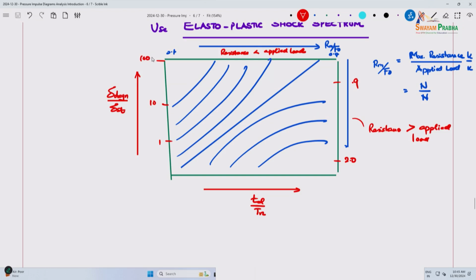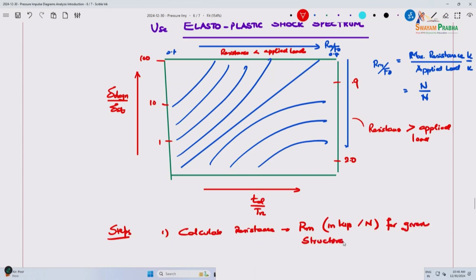So the steps in this case would be to calculate the resistance. We'll look at how to calculate the resistance Rm in kips or newtons for the given structure.